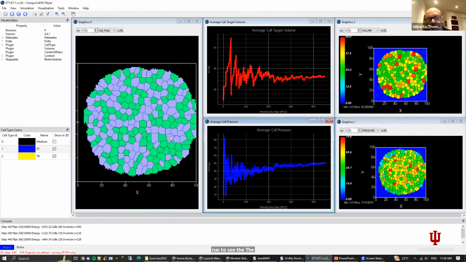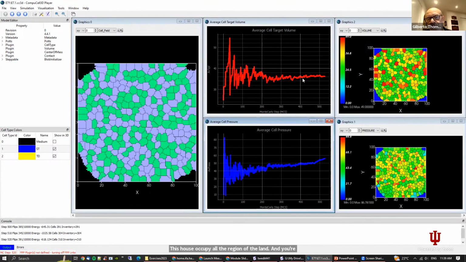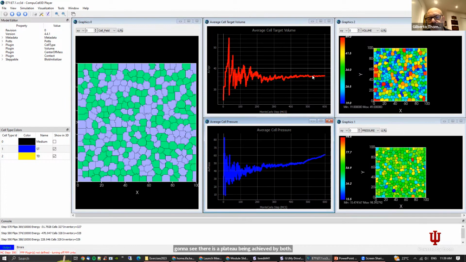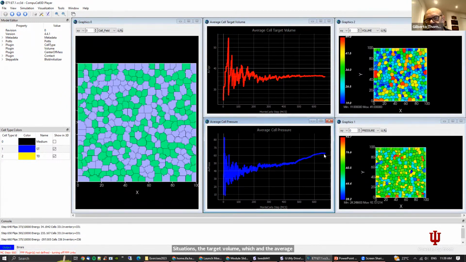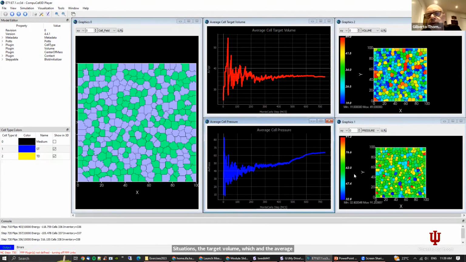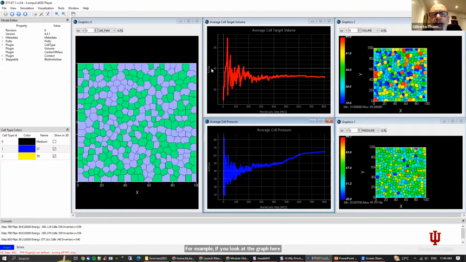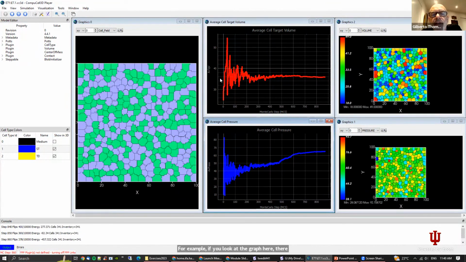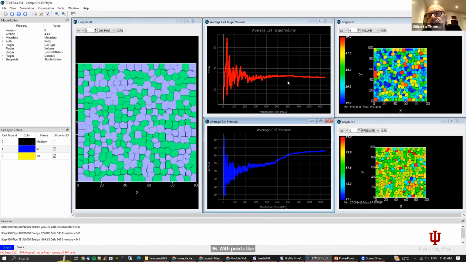The cells occupy all the region of the lattice, and you're going to see there is a plateau being achieved in both situations. The target volume reaches a plateau, and the average cell pressure also goes to a plateau. If you look at the graph here, the average target volume for the cells is about 36 grid points, like that, 35, something like that.